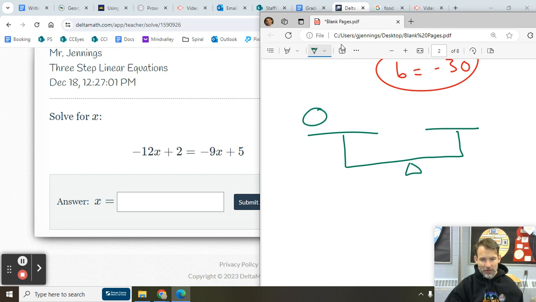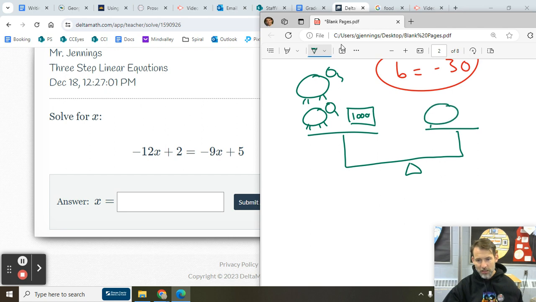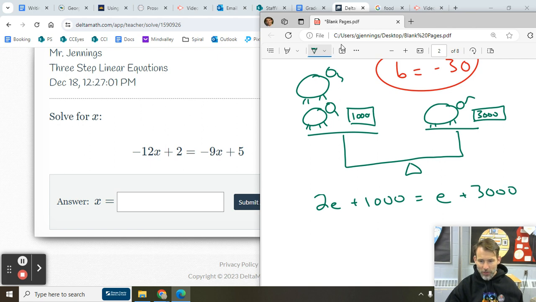That's like saying, you've seen me do this lesson, I bet, unless you were absent that day. If I've got an elephant over here plus 1,000 pounds, actually, let's make that 2 elephants. 2 elephants on that side of the scale plus 1,000 pounds is equal to 1 elephant plus 3,000 pounds. That's like 2e plus 1,000 equals e plus 3,000. Why'd you put weights on both sides?